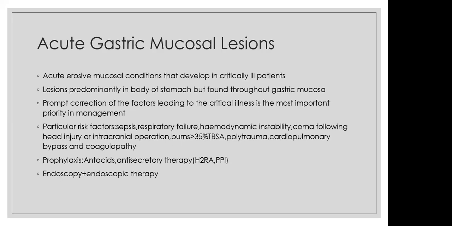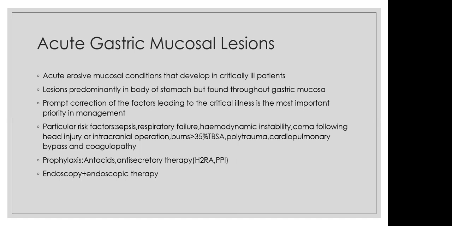I'll quickly go through the other causes. The reason why I added acute gastric mucosal lesions is because they're quite common in critically ill patients, and as I mentioned here, there are particular risk factors that predispose these patients to these lesions.